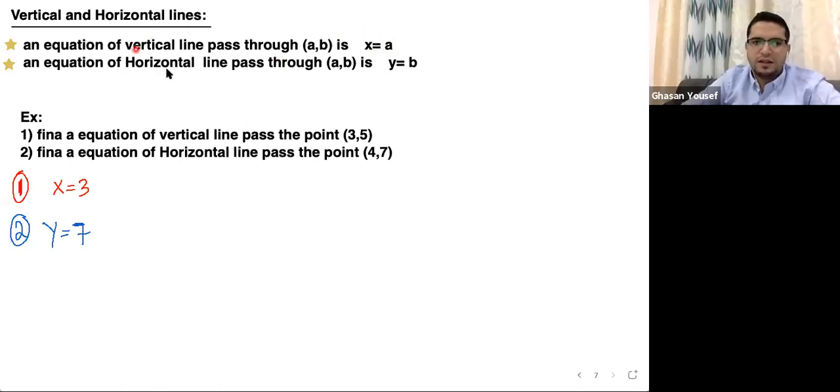And the same thing for the horizontal line, the slope is 0. We can find the equation of the horizontal line directly from the point the line passes through. So y equal b.